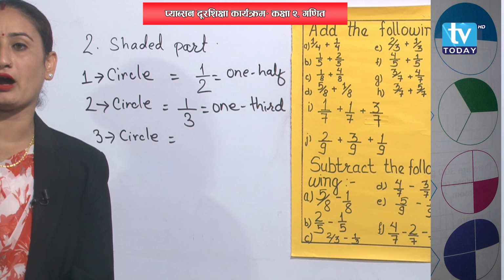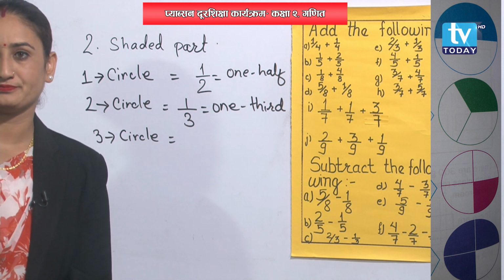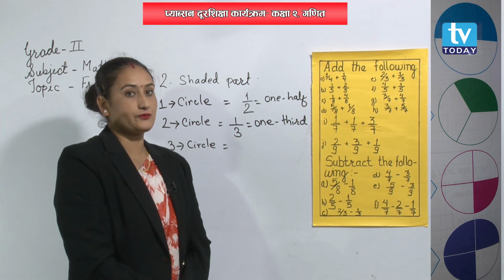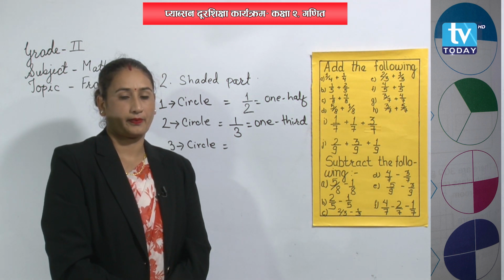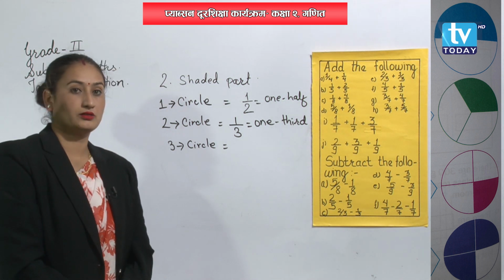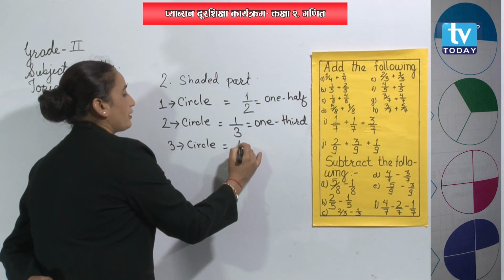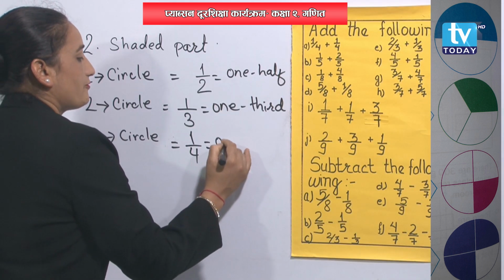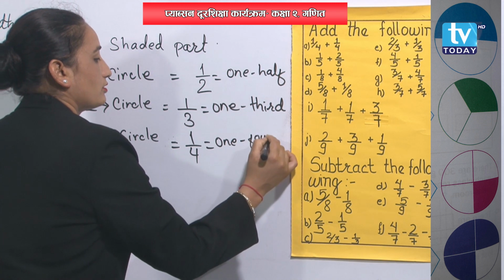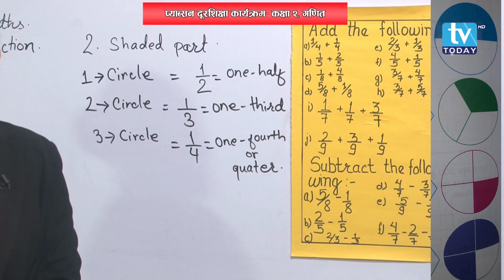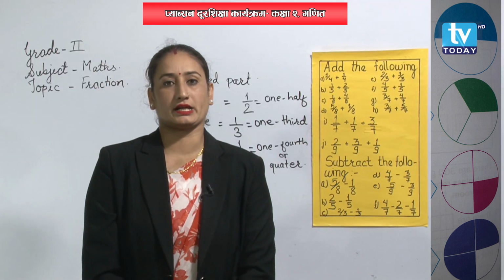Altogether, there are 4 parts. How many parts are shaded here? 1 part out of 4. Then we call it 1/4 or quarter. Can you write 1/4 or quarter?